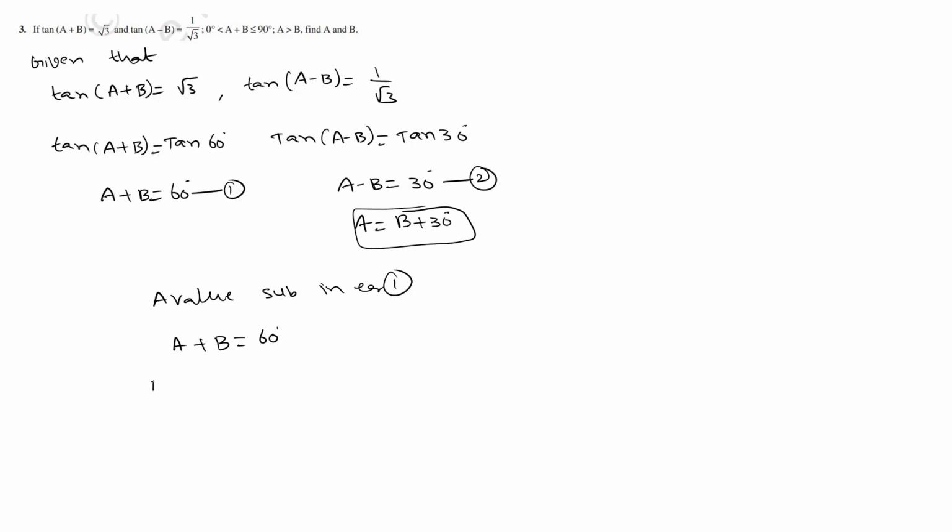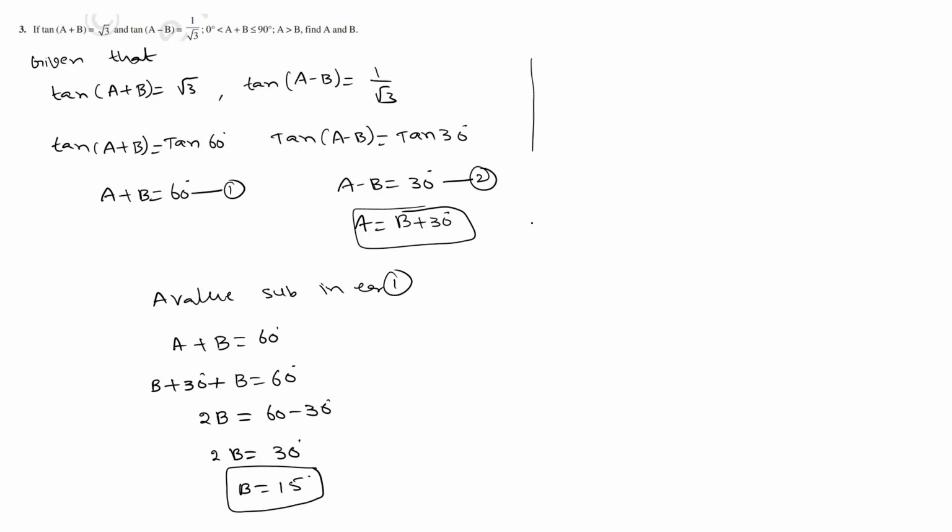A value will be B plus 30 degrees plus B is equal to 60 degrees. B plus B, 2B is equal to, sending that side, 60 minus 30. So 2B is equal to 60 minus 30 will be 30 degrees. So B is equal to 30 by 2 is nothing but 15 degrees we will get here. So B will be 15.